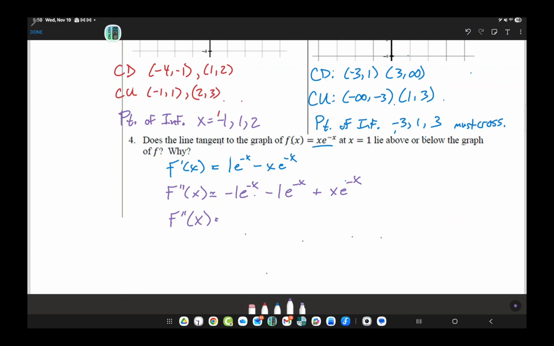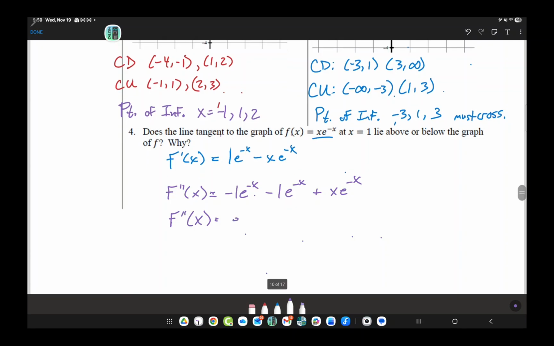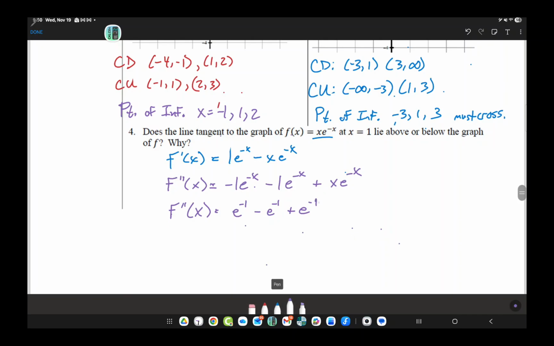Or honestly, you can just plug in 1, right? If you plug in 1, you get what? E to the -1 minus e to the -1 plus e to the -1. Oh, yeah, sorry, it was negative.